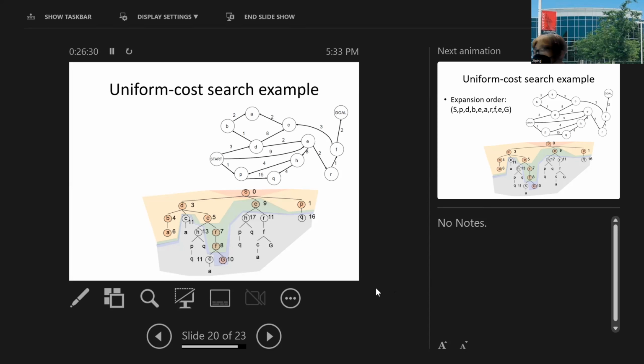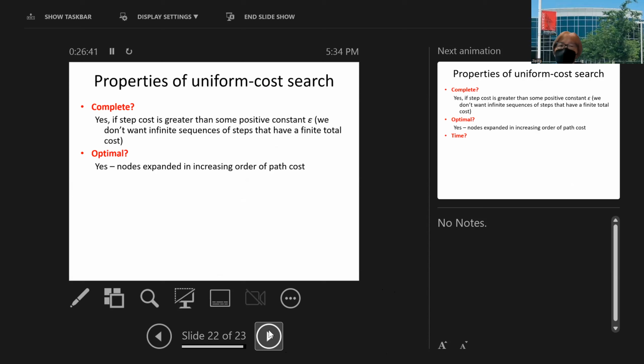Okay, so here it gives some other examples. And let's see the properties of uniform cost search. Is it complete? Definitely, because you can always find a solution. Is it optimal? Yes, because in uniform cost the goal is to find the least cost.